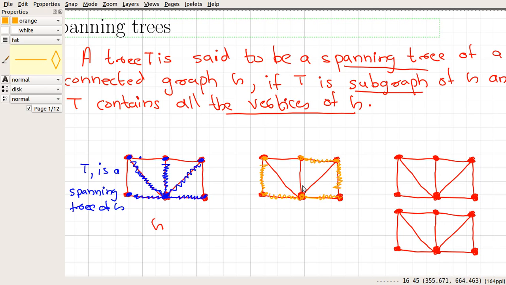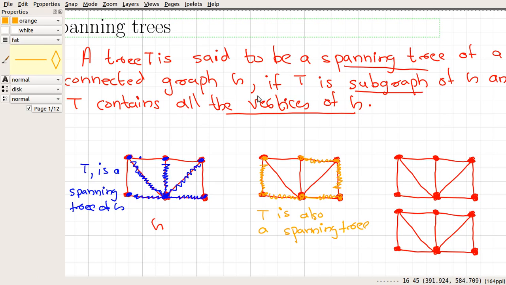Now we can see that this one highlighted in orange corresponds to a tree and it contains all the vertices of the graph. So that says this tree is also a spanning tree.